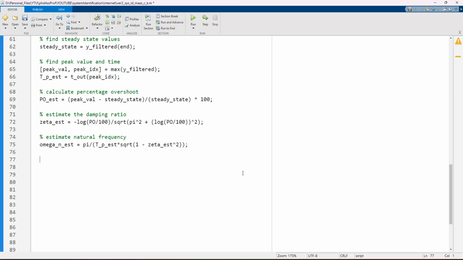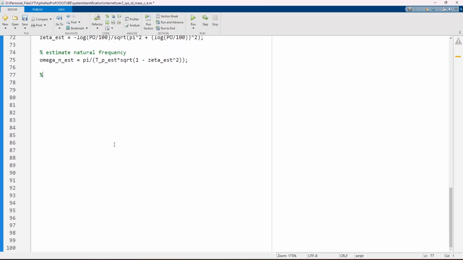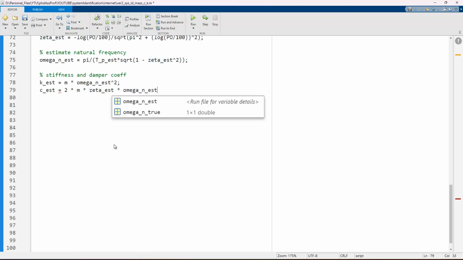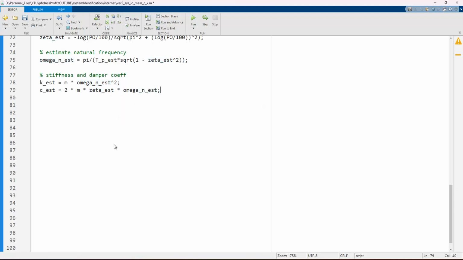So how can we find the stiffness and damper coefficient? K est from the formula m times omega n est squared. And C est is equal to 2 times m times zeta est times omega n est. Okay, these are the values of K and C, but the estimated values.